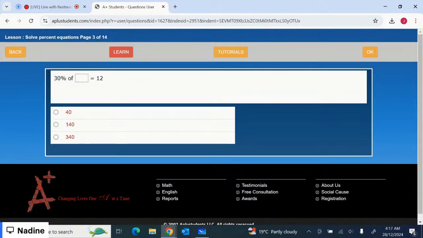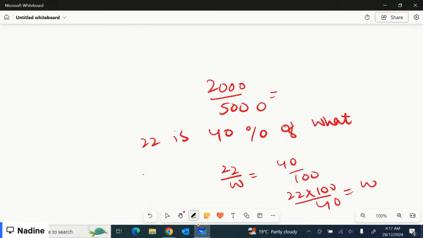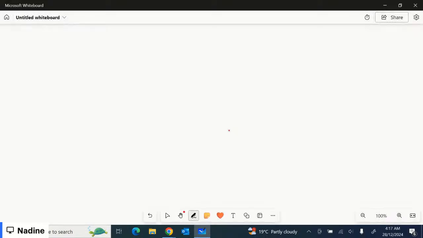30% of what number is 12? You need to calculate the whole number. 30% of what number is 12? 12 divided by the whole number equals 30 divided by 100. So W equals 12 times 100 divided by 30.